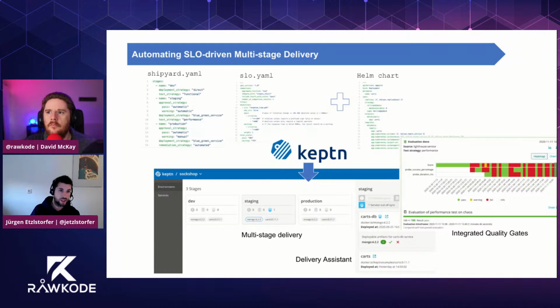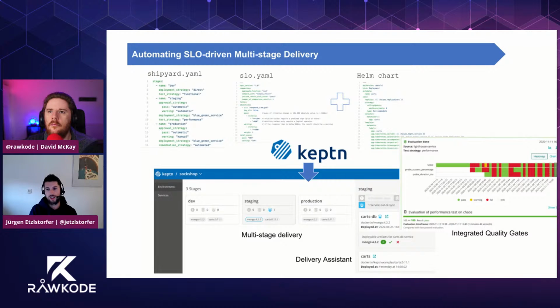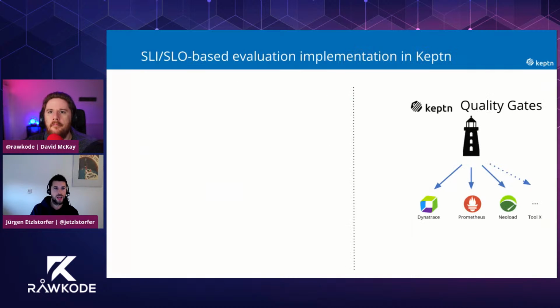So for example, here we have the shipyard file, the SLO file, and the Helm chart for deployment. We can see that the shipyard file, that's the complete shipyard file for a multi-stage pipeline. We have dev, staging, production with a quality gate. That's basically the whole quality gate. That's the SLO file, and you will get these automated quality gate evaluations for each deployment that you're triggering with Keptn, and the data is then gathered in this example from Prometheus, and the tests have been executed by JMeter, for example.